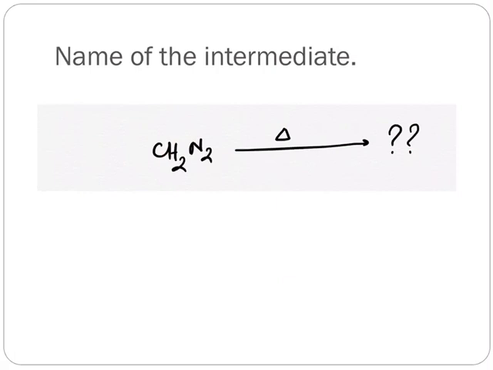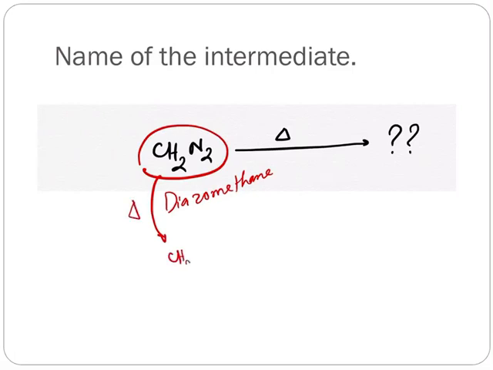Now let's check the next question. This is a very important intermediate, and this substrate is called diazomethane. And when diazomethane decomposes under thermal condition, it gives carbene and nitrogen as a stable compound.